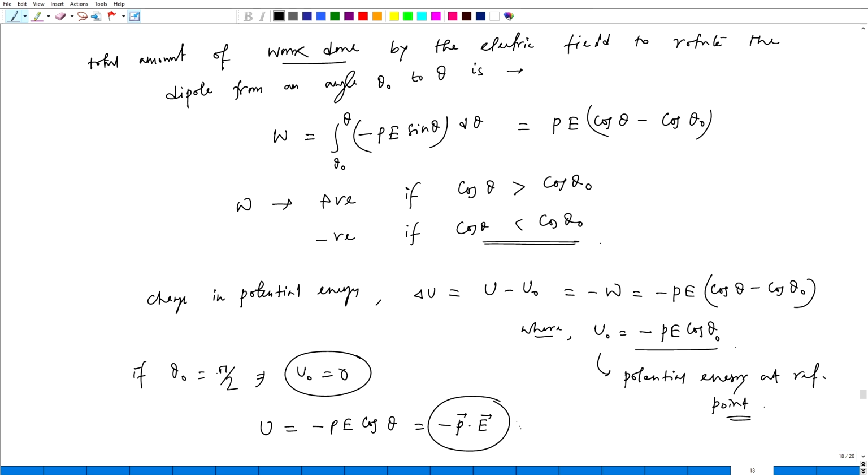Since the potential energy is a scalar quantity, it is the dot product of two vectors. So this is the potential energy of a dipole in an external field.